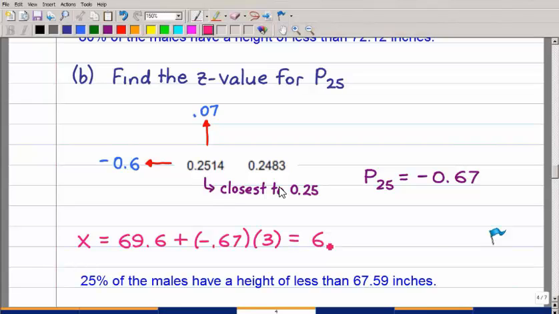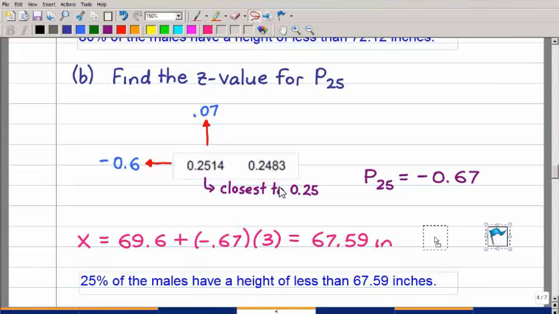So I'll use the answer that I already have written below, 67.59 inches. So in that age range, if you're a male at 67.59 inches tall, you're taller than 25% of the males in that age group.